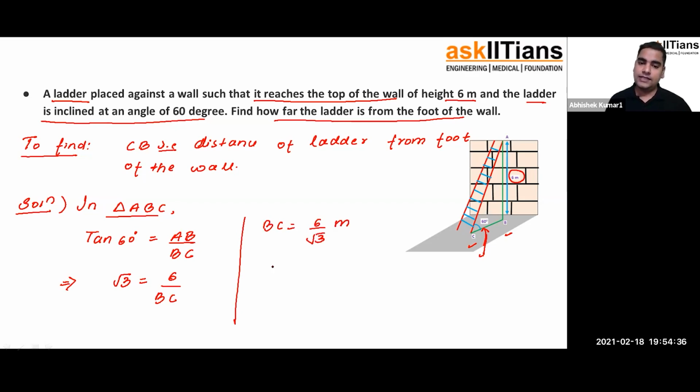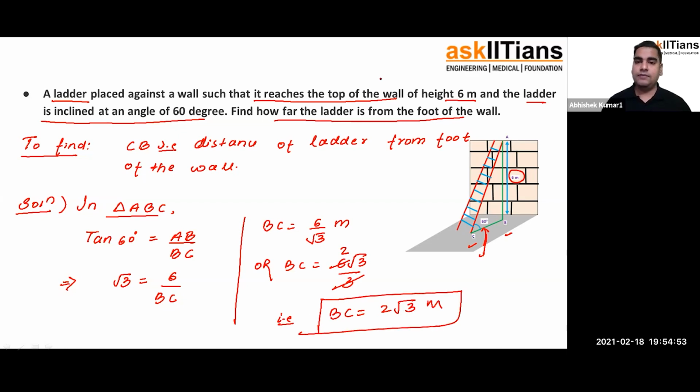We can simplify it more, so you will have BC equal to 6 root 3 over 3 after rationalization. This 3 will cancel two times. So the value of BC which you are going to get is 2 root 3 meter. Understood? So 2 root 3 meter is the distance of the ladder from the foot of the wall. That is what they asked us in the problem.